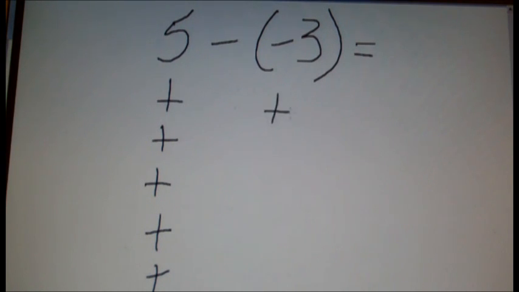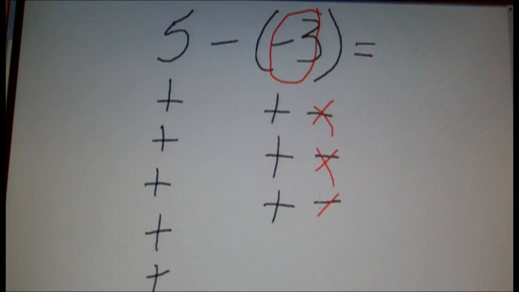Again, remember that zero pairs do not change the value of the equation. So now let's evaluate 5 minus negative 3. Now we can subtract or take away the 3 negative signs, and the answer is the remaining signs. We have 8 positive signs left, so our answer is 8.